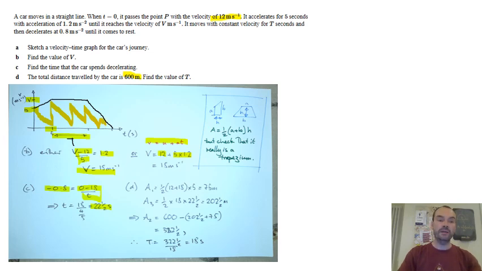Okay, now that's a 5-sided shape, but I could divide it up into this trapezium, so I'm going to call that area 1. I'm going to call that area 2, the rectangle, and I'm going to call that triangle area 3.